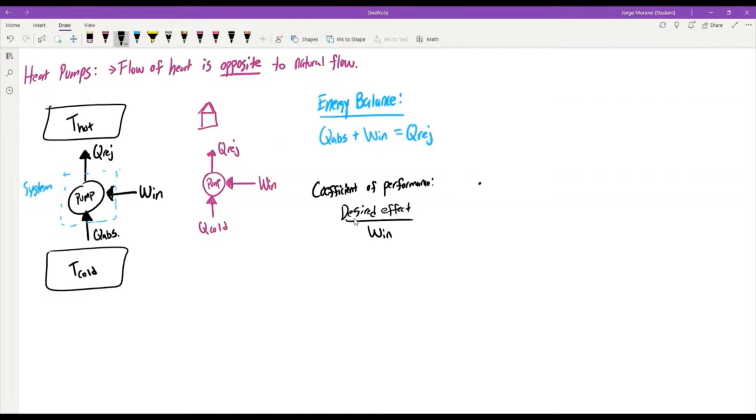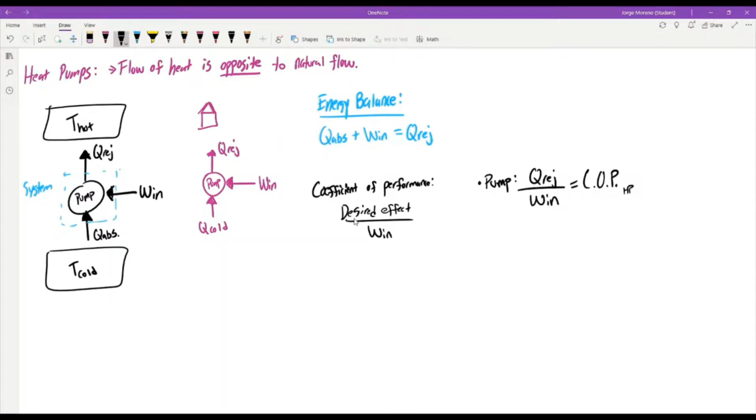So for instance, for a pump in this case, the desired effect is, well, it's just going to be the Q rejected here, the warm air that's going to be supplied to your house. So Q rejected, because that's what's desired, and over work input, that would give you coefficient of performance for a heat pump.